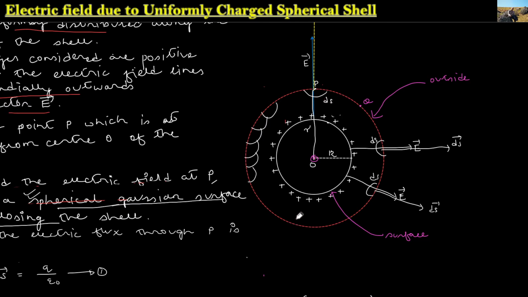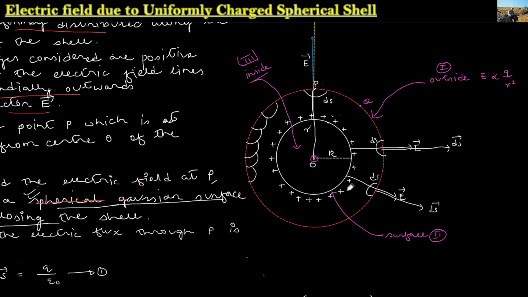And if I assume another point over here, this will be the point which is inside the shell. So this will be case number 1, this will be case number 2, and this will be case number 3. For the point which is outside, E is proportional to 1 divided by r square, or we can write q divided by r square. Then we will find out for this point.